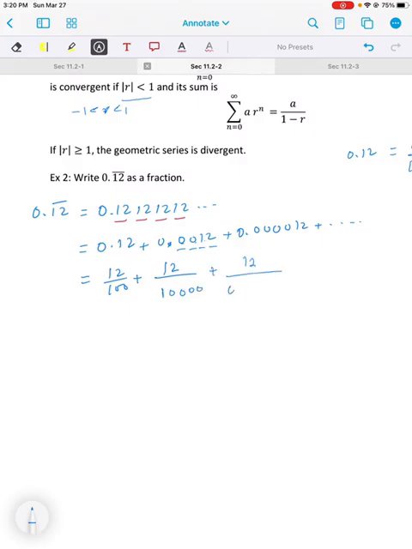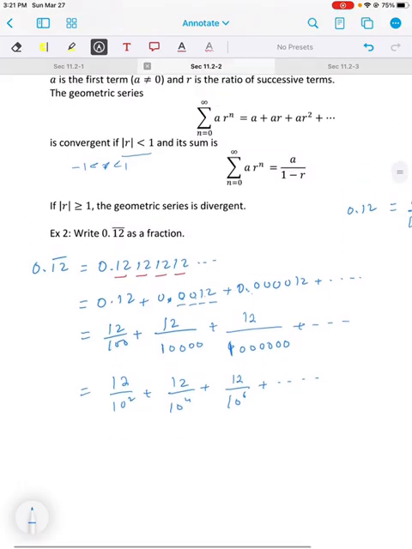Plus, in the same way, there are 6 decimal places to the right of the decimal sign in the next term, so we have 6 zeros, and then plus so on. Notice that this can be written as 12 over 10 squared plus 12 over 10 to the 4th plus 12 over 10 to the 6th plus dot dot dot.